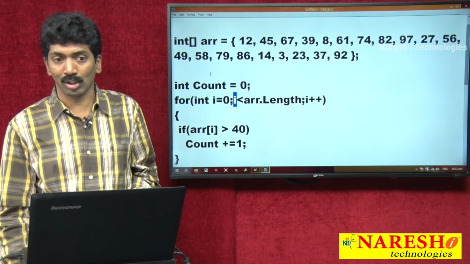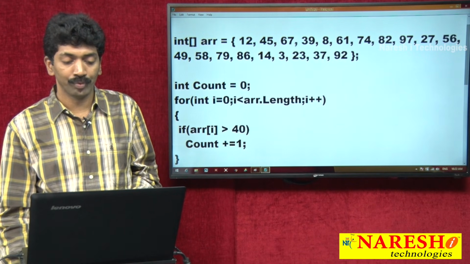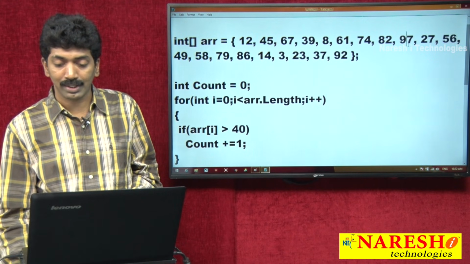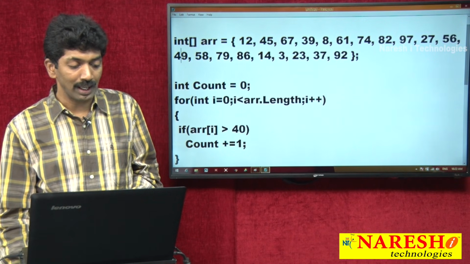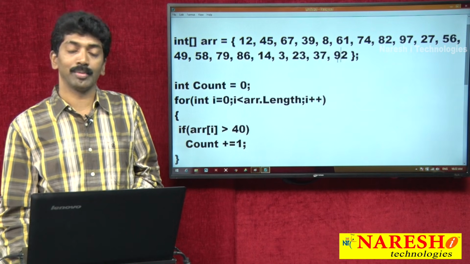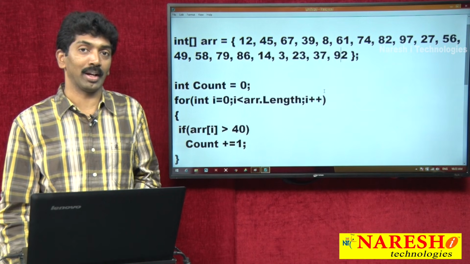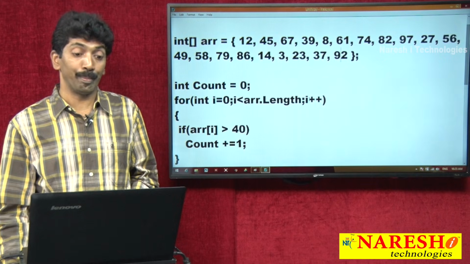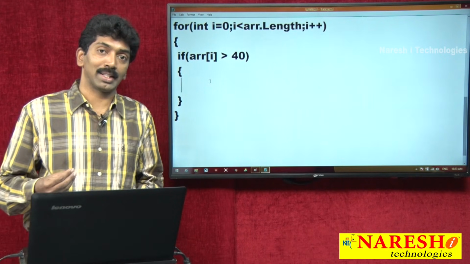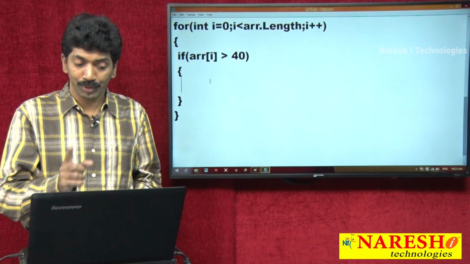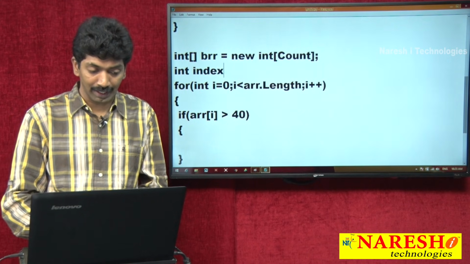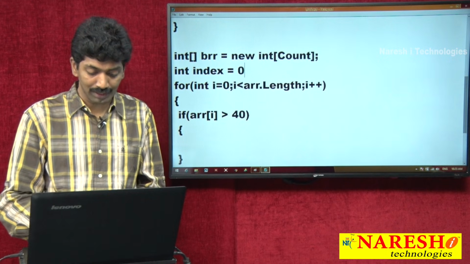But brr size is not 20. What is the brr size? 1, 2, 3, up to 12. So 20 is the size of arr and 12 is the size of brr. So I cannot assign arr of i value directly to brr. So what to do? I need to take another variable here. int index is equal to 0.